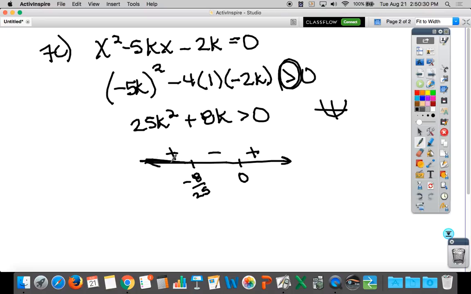I want this section, so I'll write K is less than -8/25. And then I also want this section, so I start with K, K is greater than 0. Very good. All right, let's go back and do the real 6C.